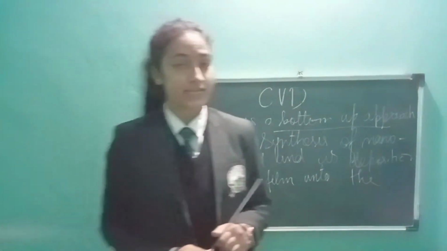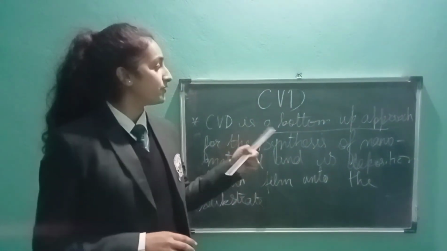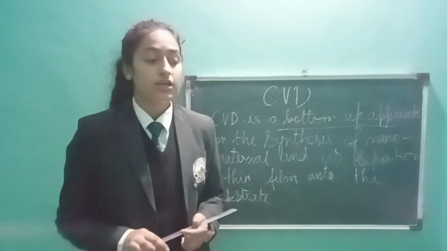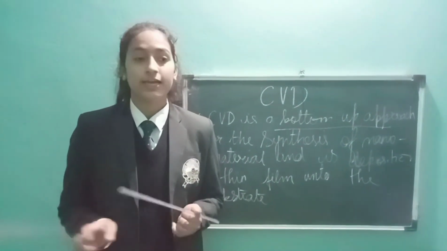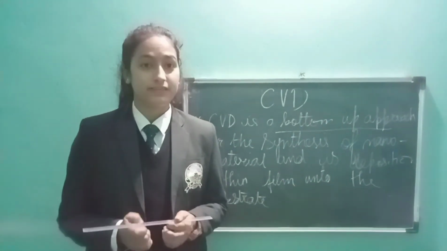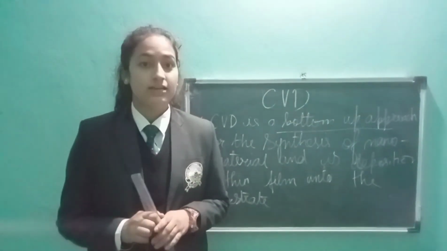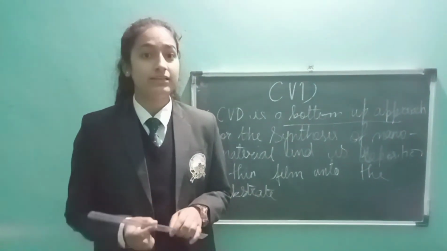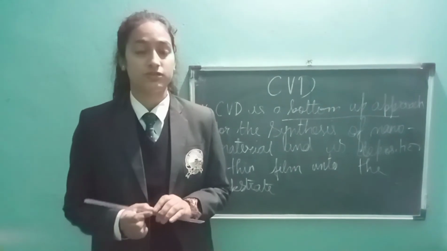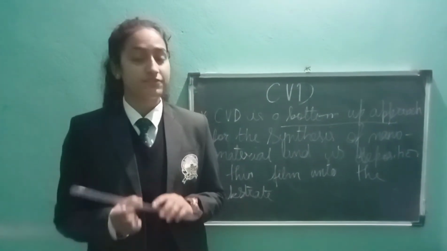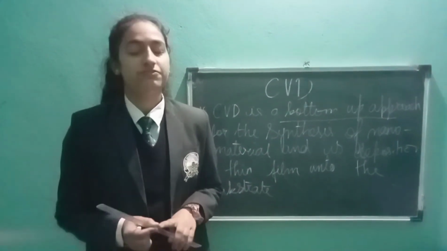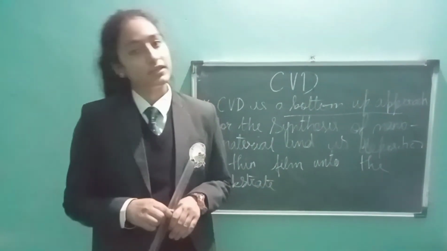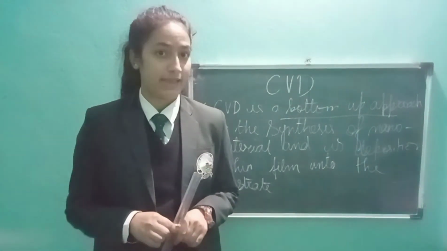Now the question arises, why do we need chemical vapor deposition although we already have physical vapor deposition? The answer is that physical vapor deposition needs a lot of space to perform, whereas chemical vapor deposition can be performed inside a small laboratory also. And also the physical vapor deposition needs a lot of time, whereas chemical vapor deposition can be performed within a small period of time.